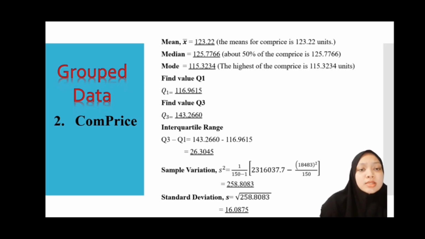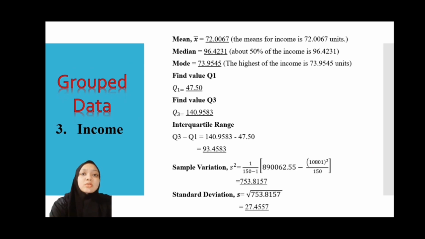Interquartile range is quartile 3 minus quartile 1, and the result is 226.3045. Sample variance for comprise is 258.8083. And lastly, standard deviation for comprise is 16.087.